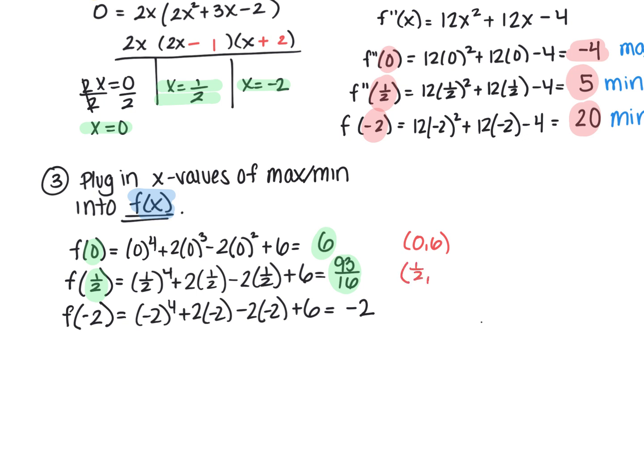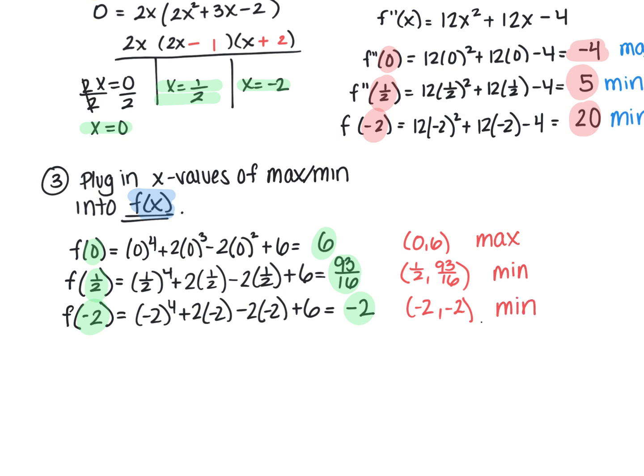So 1/2 comma 93/16. And then -2 was the x value we put in, and we got out a y value of -2. So -2, -2. So at x equals 0, we had a maximum. So here is my max. And then the other two are my minimum values.